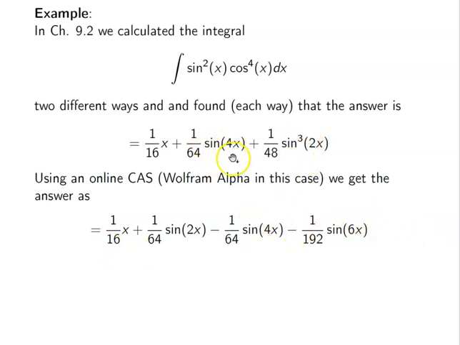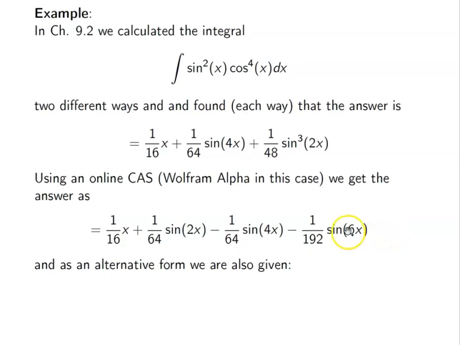The fourth term is negative instead of positive. So really what it looks like is that this sine cube term, they probably used the double angle reduction until there was no more cubes, right? So if I were to simplify this term, I would probably end up with this answer. Wolfram Alpha does that automatically for us. This is as far as we needed to go. There's nothing wrong to us with sine cubed, okay?